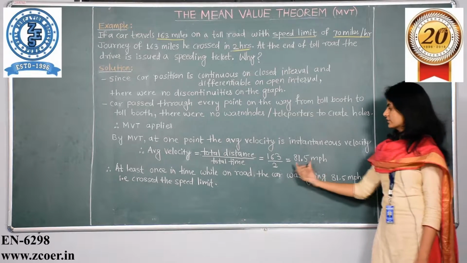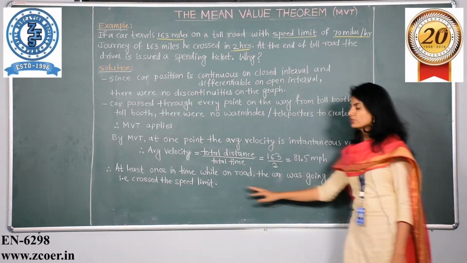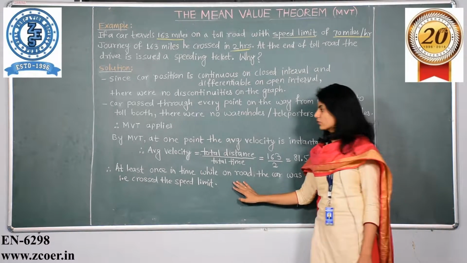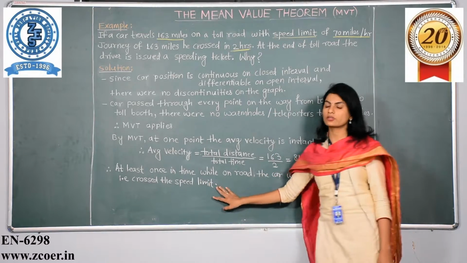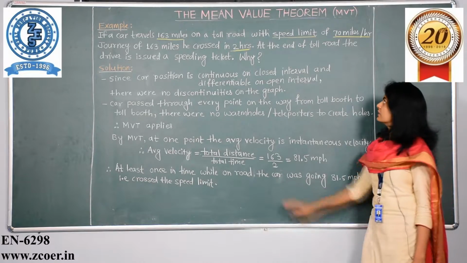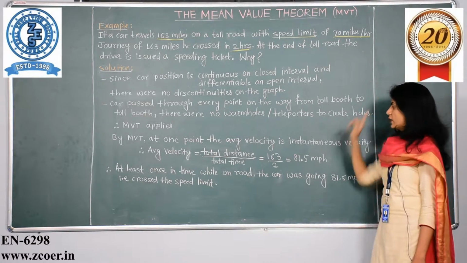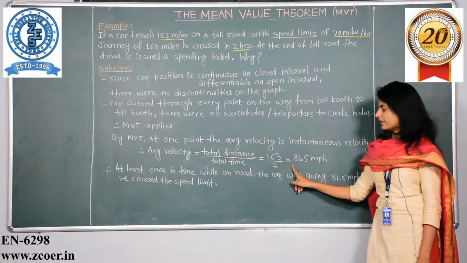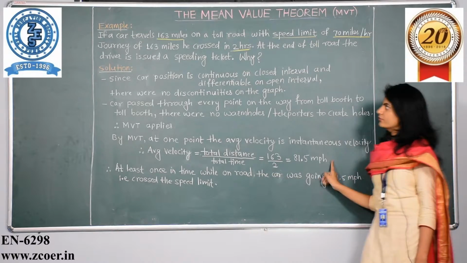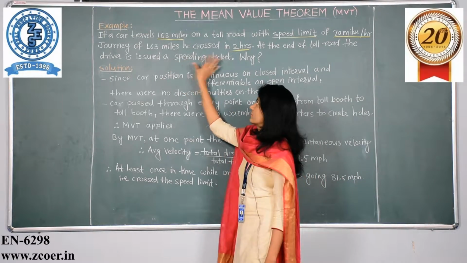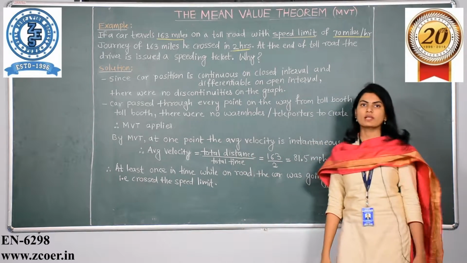So the car driver has crossed 81.5 miles per hour at least once on the road. Therefore, the car driver must have crossed the speed limit. The speed limit is given in the problem statement, that is 70 miles per hour. So at least once the car driver must have crossed 81.5 miles per hour. Therefore, this car driver was issued the speeding ticket. So this is one example of the mean value theorem.